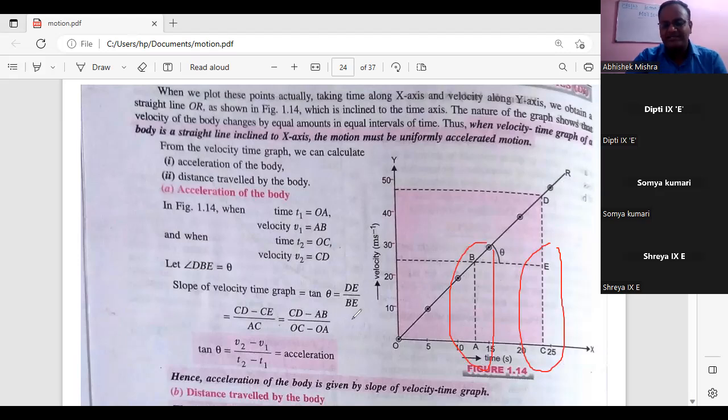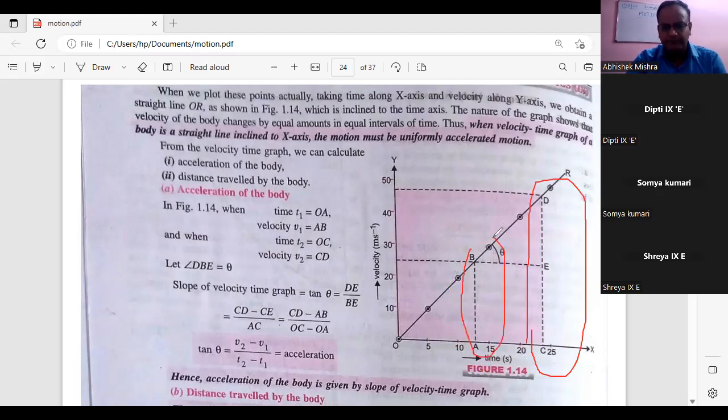So CD minus AB, what is CD? CD is the total, equal to V2, and AB is equal to V1. So V2 minus V1 divided by T2 minus T1, that is the acceleration.